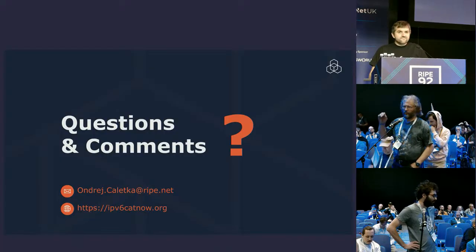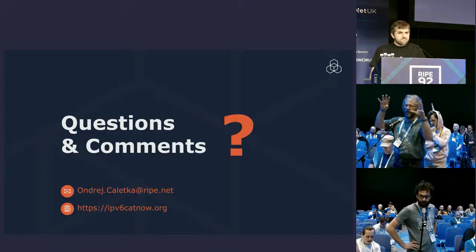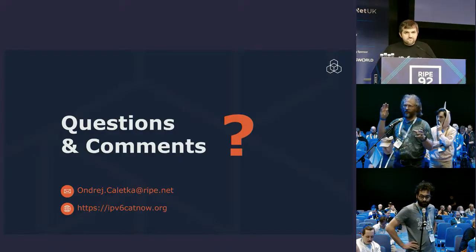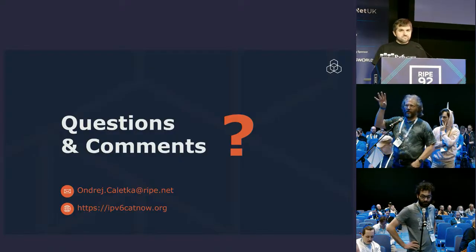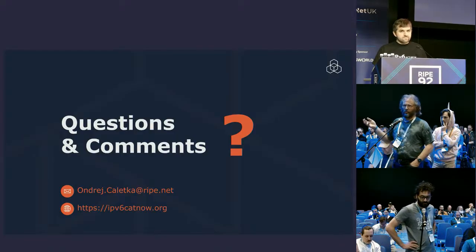I think explaining this was a very valuable exercise, and I disagree with Job that it's the same as for ROA invalids, because it depends on which topology you look at and where you do the validation. If your ISP had done the validation, they would have said this is a leak and just routed around it.